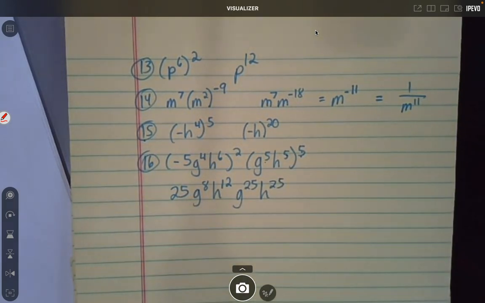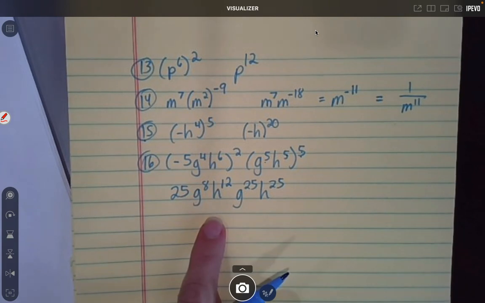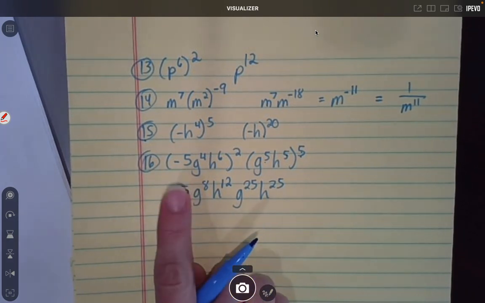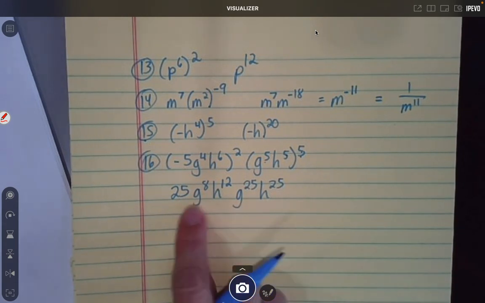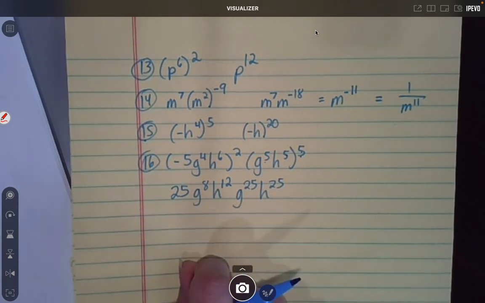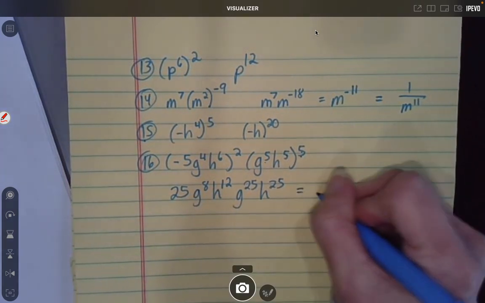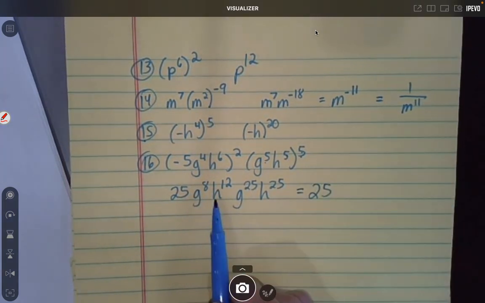All right, are we good so far? And does everybody know why we got positive 25? Negative 5 times negative 5 was positive. Okay, now what do you do with all these g's and h's? You combine them, right? So what's the rule here? What do we do with the exponents? Add them. All right, so I'm going to bring over my 25. Let's look at g's.